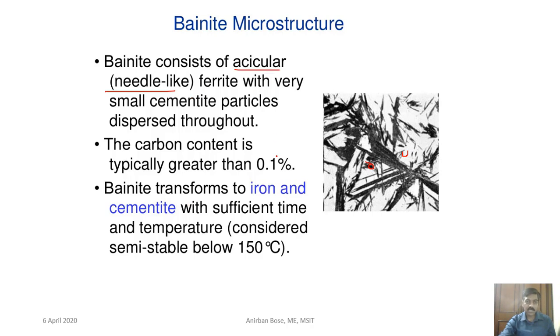This is basically much finer, forming at a lower temperature, and bainite transforms to iron and cementite with sufficient time and temperature, considered semi-stable below 150 degrees centigrade.